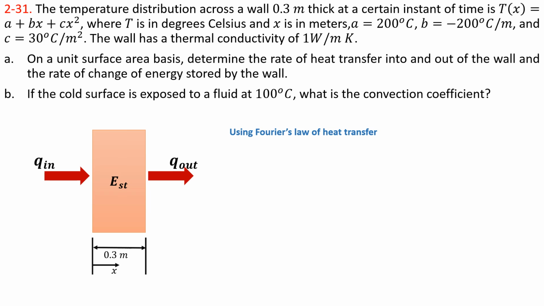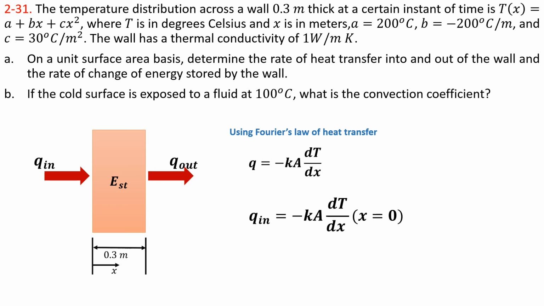Now we are using Fourier's law of heat transfer, which simply states that Q is equal to minus kA dT over dx, where Q is the heat transfer, k is the thermal conductivity of the material, A is the area perpendicular to the direction of heat transfer, and dT by dx is the temperature gradient in x direction.